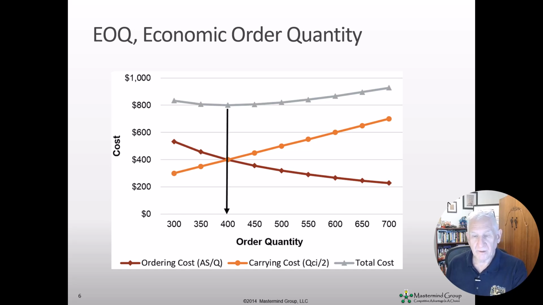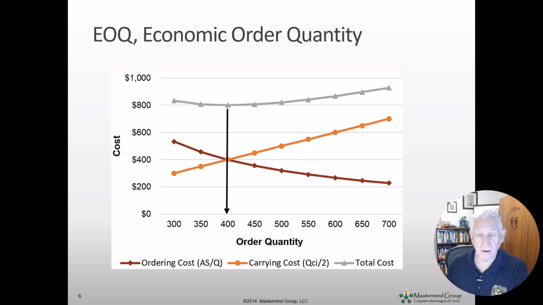The concept is to find the least total cost or the theoretical optimal order quantity based on EOQ calculation. You can see here the carry cost goes up directly with the size of the order quantity because inventory is a larger quantity on hand for a longer period of time, resulting in a higher average inventory. And again, this is average, not ending inventory.